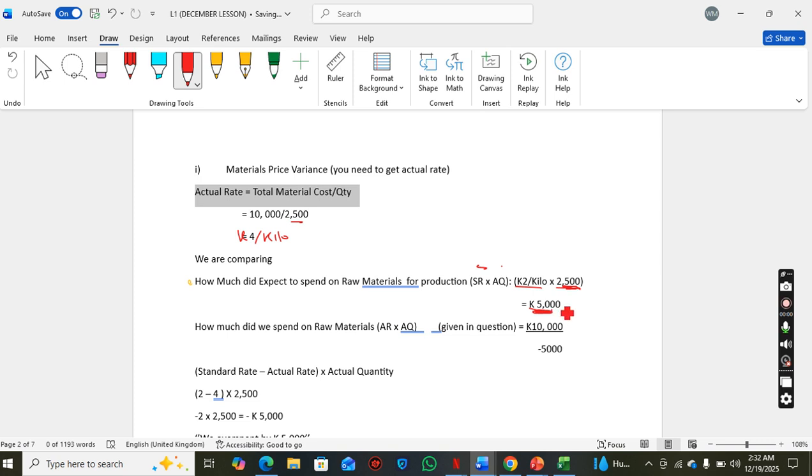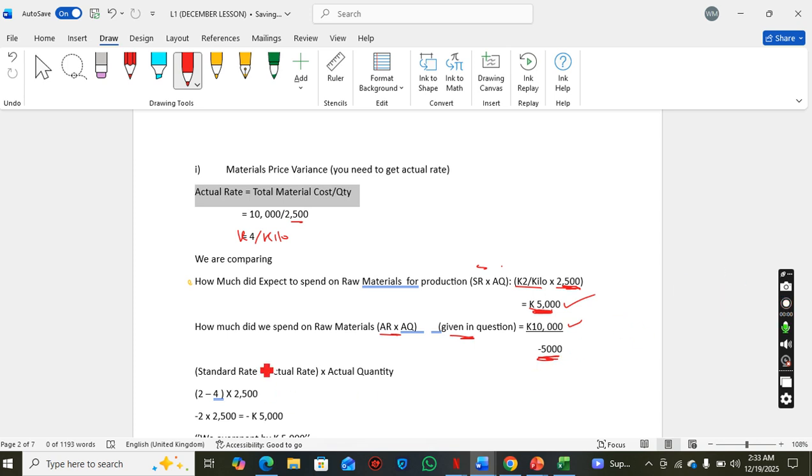This is what we expected or planned to spend. But how much we actually spent is already given in the question, so you don't really need to tabulate. We actually spent 10,000 kwacha. So we overspent. 5,000 minus 10,000 is negative 5,000, telling us we've overspent by 5,000 kwacha on raw materials.